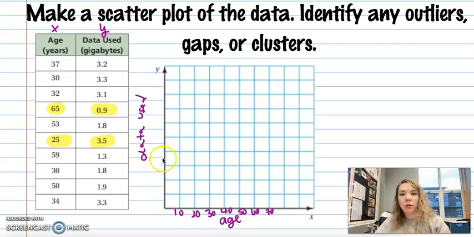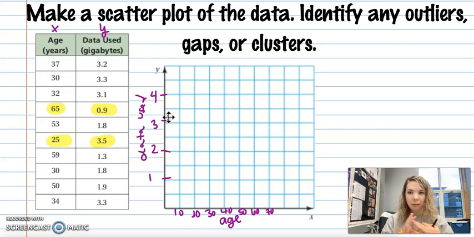We have 1, 2, 3, 4, 5, 6, 7, 8, 9, 10, so I can skip and put 1 here, and then 2, 3, and 4. That makes everything nice and even. We're kind of zooming in on our picture, if you will. We don't want everything to be tiny in the corner. We want to be able to see it nice and big while everything still fits.